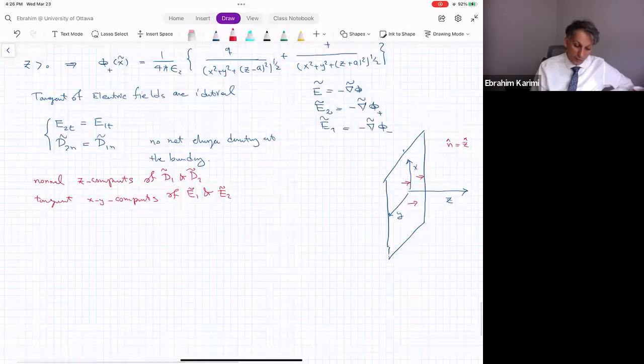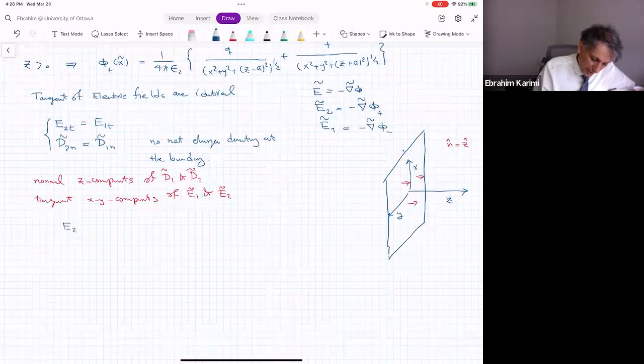Now we will apply the first and second boundary conditions. The first one will be E2x equal to E1x. That's from the tangent. So what does it mean?